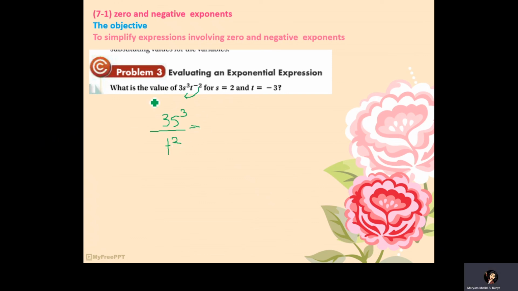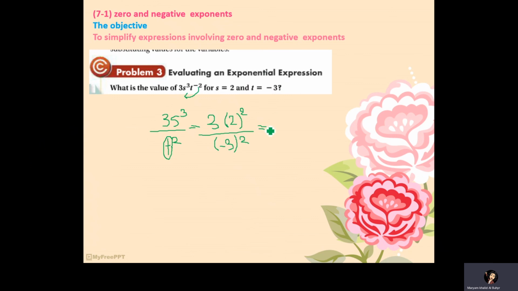So that is equal to, now I can substitute. 3 times s times 2, 2 to the power 2 over, what is t? Keep in your mind, if you have a negative like this and you substitute in t, that means you are changing all of this into this negative number. So you must put parentheses and say this power for the negative sign and this 3. So that is to the power 2.